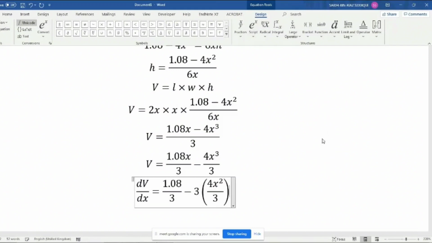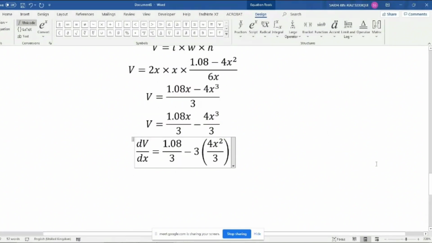Yes, class, is this right? How do you differentiate 4x cubed upon 3? You cancel it, you simplify.